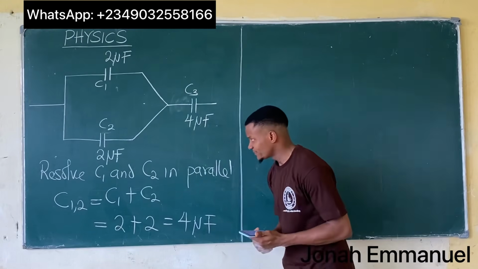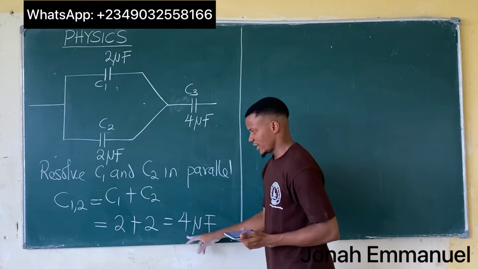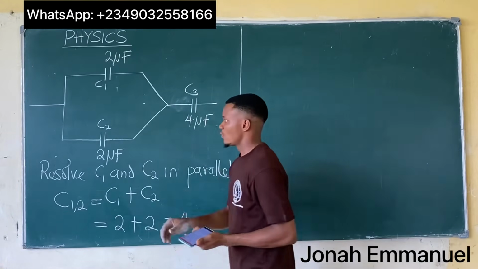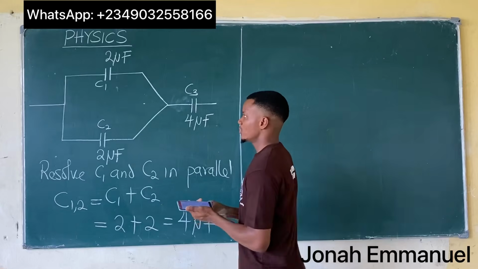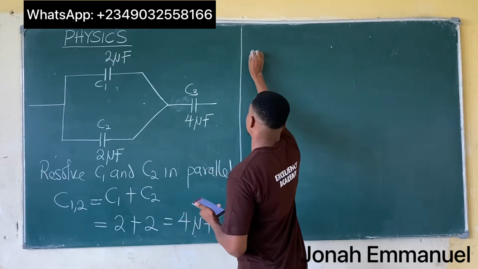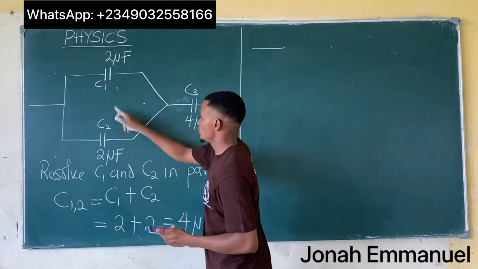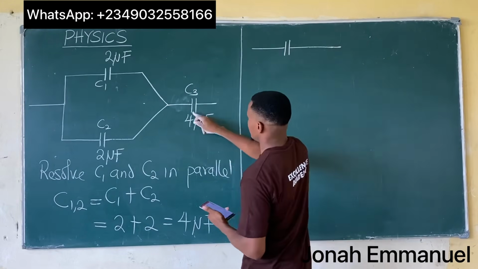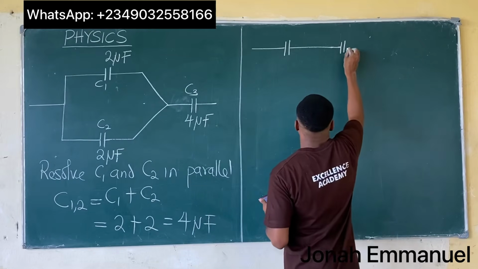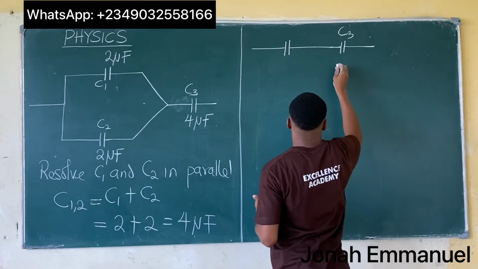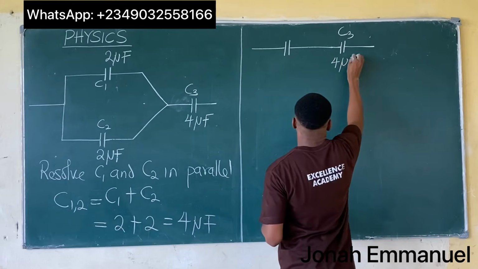So how would this be placed? Now, when we combine these two, they become one here. So I will now have this straight line to this one here. This one here is C3 with value 4 microfarad.